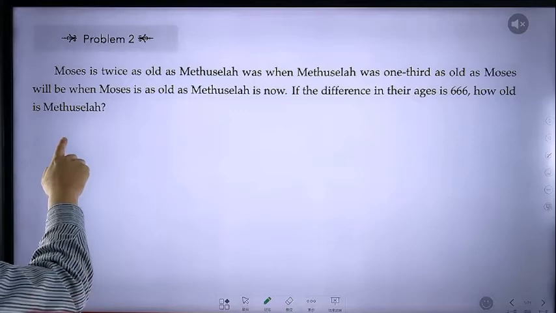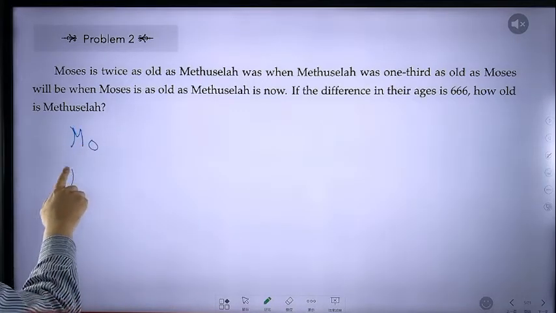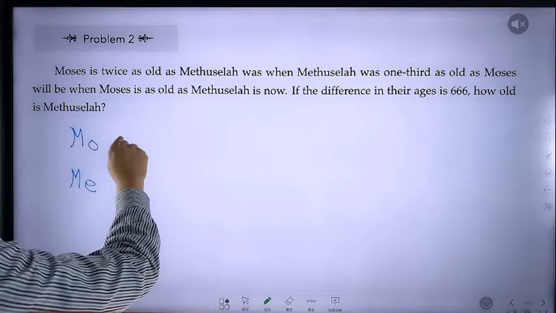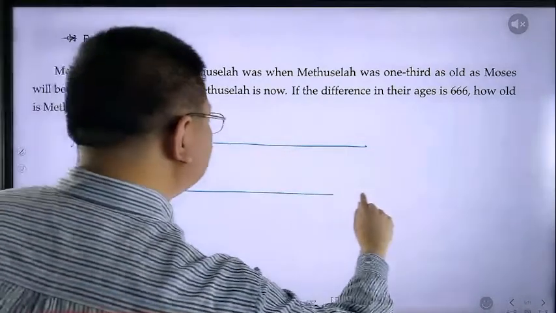One is MO, the other is ME. And then I will draw a long line to denote their age, one long line for each.